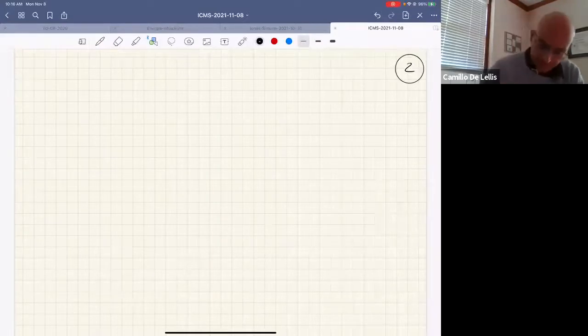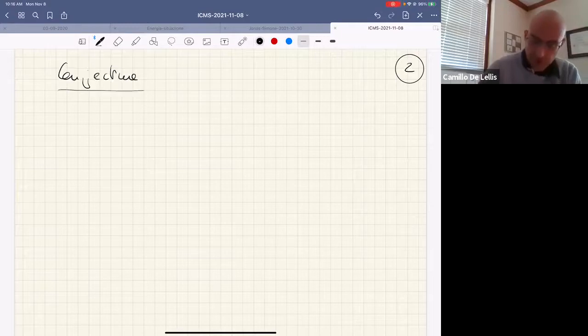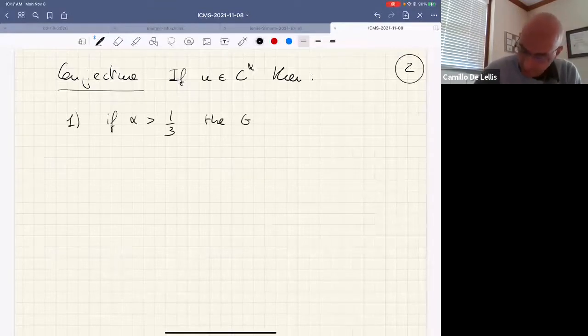And there's a famous conjecture of Lars Onsager, which is motivated by the theory of hydrodynamic turbulence, which says that if u is a Hölder solution, C^alpha, then if alpha is bigger than 1/3, the global energy identity holds, so the kinetic energy is conserved.